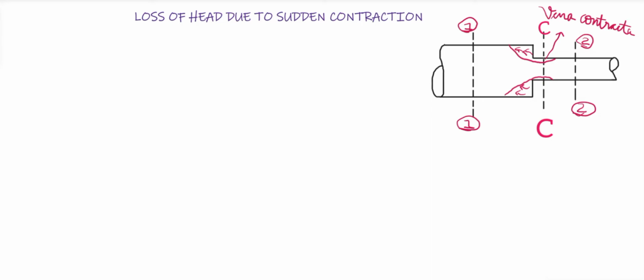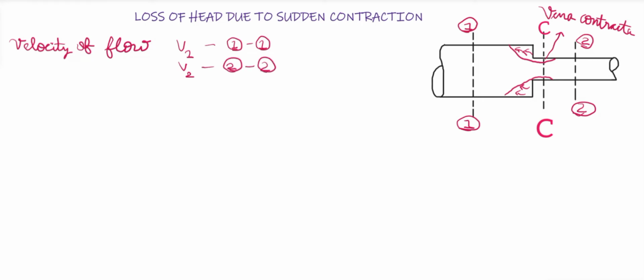Let's denote the velocity, head loss, and area. Velocity of the flow at section 1-1, we'll denote it with V1. Then velocity of flow at section 2-2 as V2, and at section CC as VC.